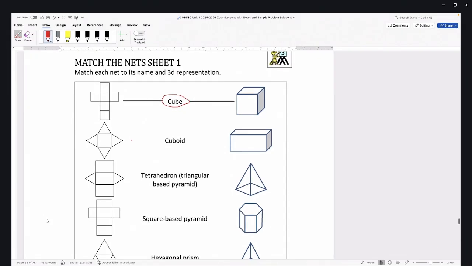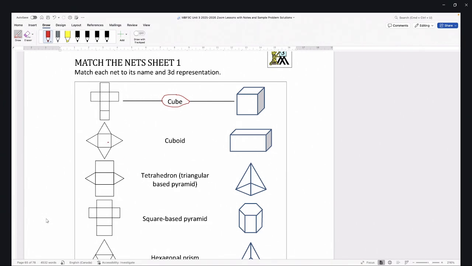Remember what this one is? So it's got a square base, and all of the four sides are triangles. So when we have triangles, and they go to a point at the top when they're folded up, that is called a pyramid. It's got a square base.